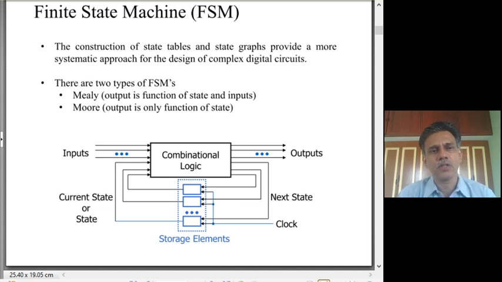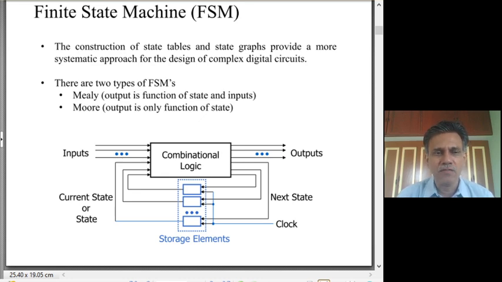First thing that we should understand is that we need a way of categorizing the finite state machines. Based on the way the machines or FSMs are being designed, we have essentially two classes of FSMs. One is called the Mealy category of finite state machines, another the Moore type of finite state machines.